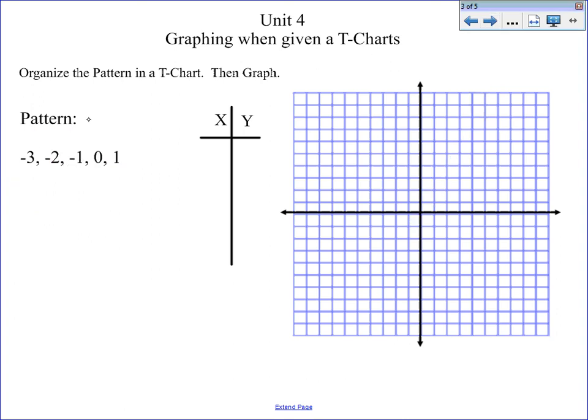Our next pattern, we're going from -3 to -2, -2 to -1, -1 to 0, and then 0 to 1. So what we're actually doing here is adding 1. If we draw our grid, and then number our terms, this is going to be the first one, second one, third one, fourth, and fifth.